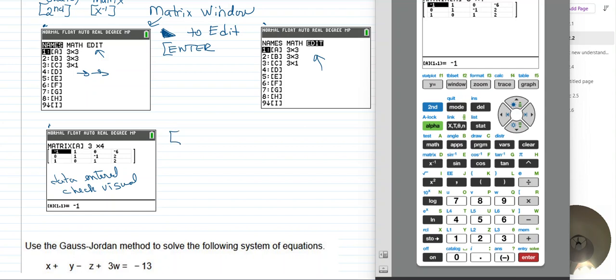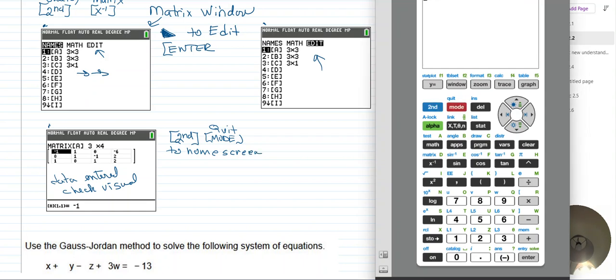So you do second quit, second mode. That's quit, whatever program you're in. Second quit for the home screen. All right, so I'm going to do second quit, and I'm right there in the home screen.